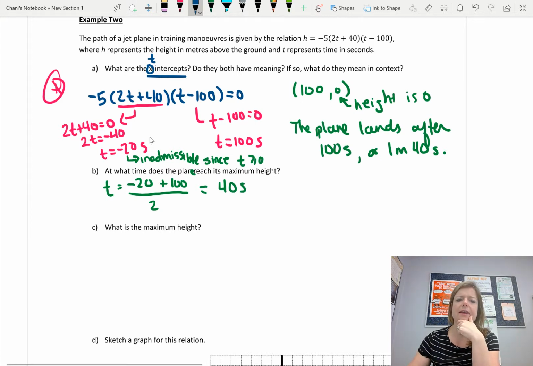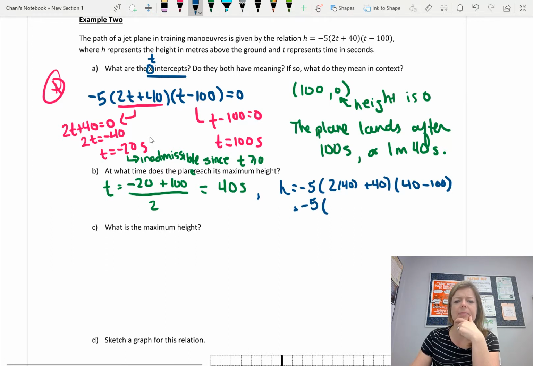So to actually find that maximum height, we find h. So h is equal to negative 5, bracket 2 times 40 plus 40 and 40 minus 100. So we get negative 5. Okay, this is 80 plus 40, so 120. And then this is negative 60.